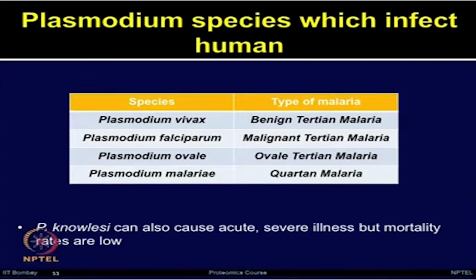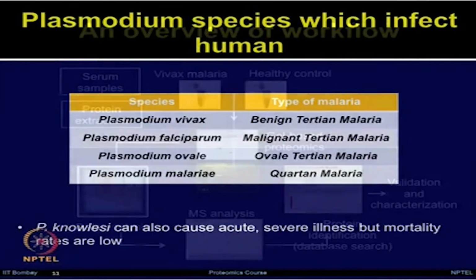In addition to these, Plasmodium knowlesi can also cause acute and severe illness, but mortality rates are quite low for this species. So, there are different pathogens of malaria, but Plasmodium falciparum and vivax are the prime targets for investigation, because, as we discussed earlier, more than 95% of malarial cases worldwide are due to these two species.